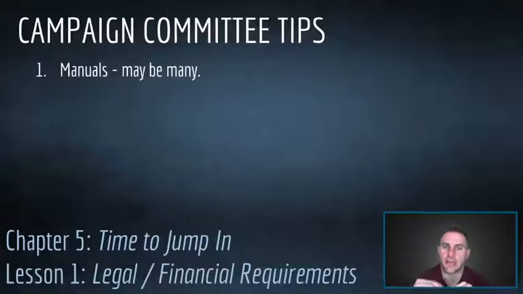Look for other campaign watchdog entities like that for your state, because they will have filings and documentation that they will also want you to fill out. And there could be manuals in different spots that only have one part of your filings. You can't rely on all this information being in one spot at one time.